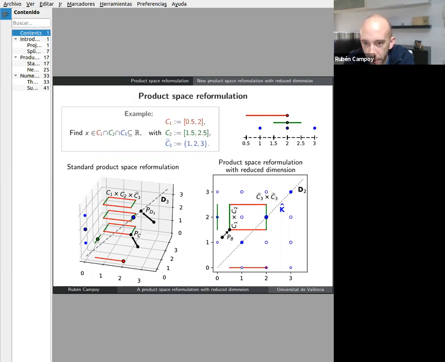C3 is the grid of the 9 points. C3 times C3. The set K, where we want to project, is its intersection with the diagonal, so only the blue points. If we want to project onto the set K, we might do the same as before. First, we project onto the diagonal and project onto C3 times C3. In this case, both projectors are single-valued, so we have no problem here. But we might have, in this scenario, this particular instance. If we want to project this point onto the set K, we first project onto the diagonal.